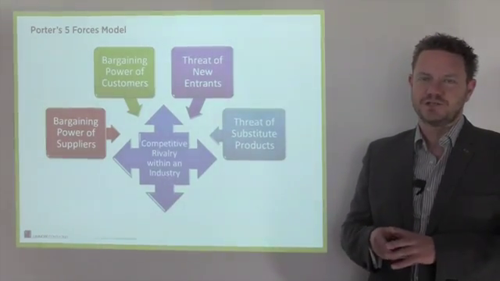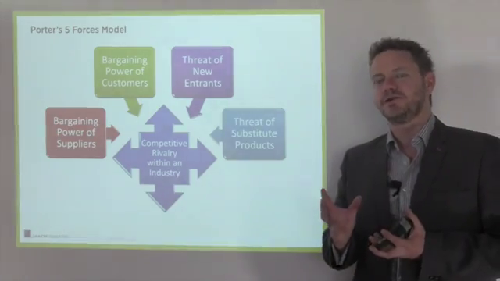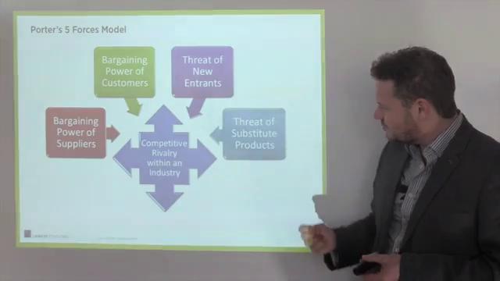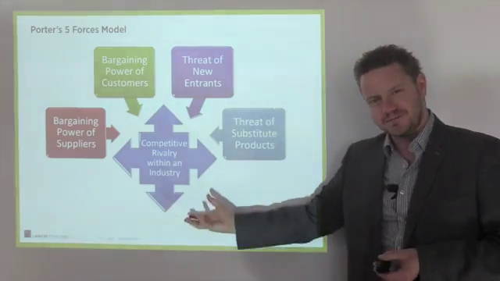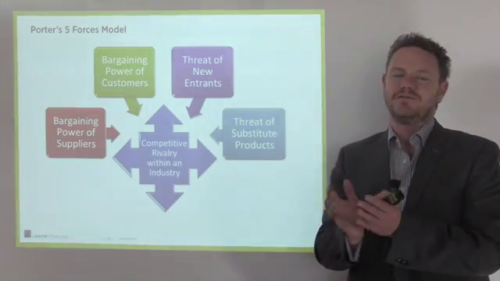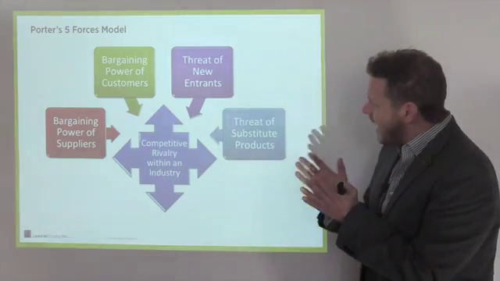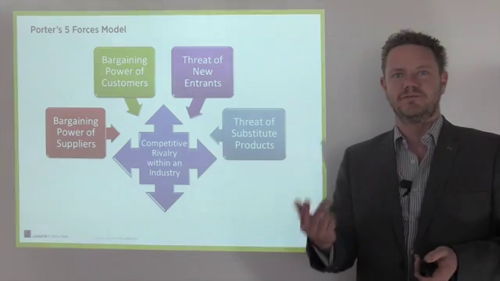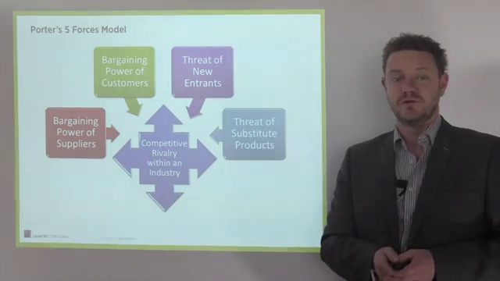Don't forget, of course, Porter's 5 Forces is a really nice model for looking at this. What are suppliers doing? What are customers doing? What are new entrants doing? What are substitutes doing? What are your competition doing? What's the basic rivalry in place in your organisation, in your industry? And how is that actually going to affect the actual performance of sales versus your forecast in the future?